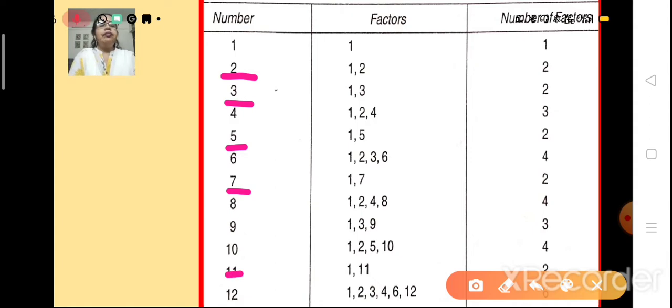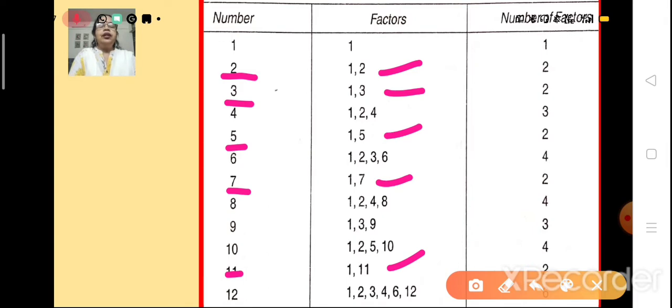These numbers have only two factors, that is 1 and the number itself. In case of 2, we have two factors, that is 1 and 2. In case of 3, 1 and the number itself. And same in case of 5, 7 and 11.